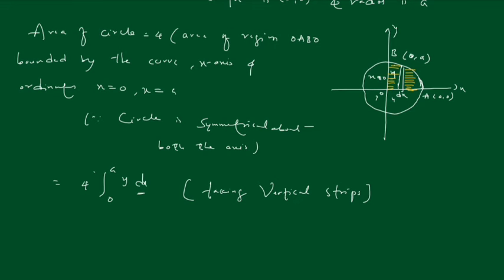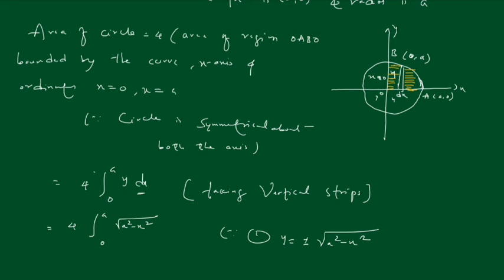Now just substitute the value here: 4 as it is, from 0 to a, under root of a square minus x square, because from equation 1 we have y equals under root of a square minus x square. So we have converted the given curve in terms of x.